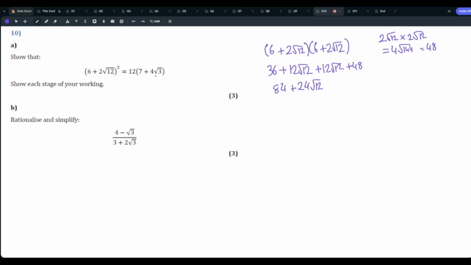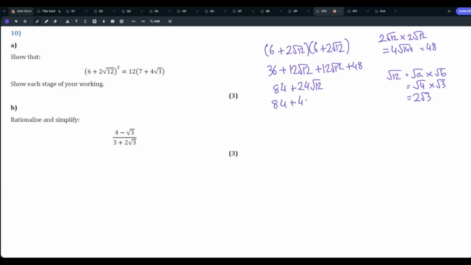Okay. Notice in their question, though, they don't have a root 12. So when we're factorizing, we must change the root 12 before we do that. So when we're simplifying root 12, think of the biggest square number that goes into 12. That's root 4 times root 3, which becomes 2 root 3. So now this becomes 84 plus 24 times 2 root 3.